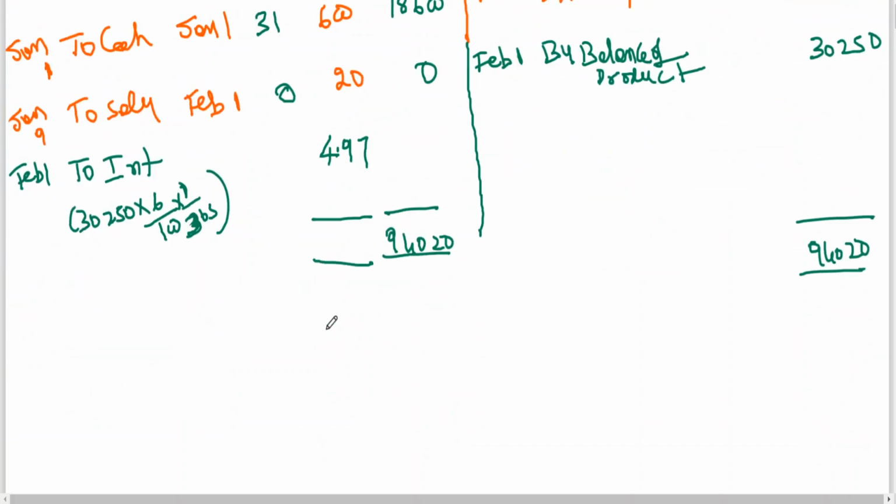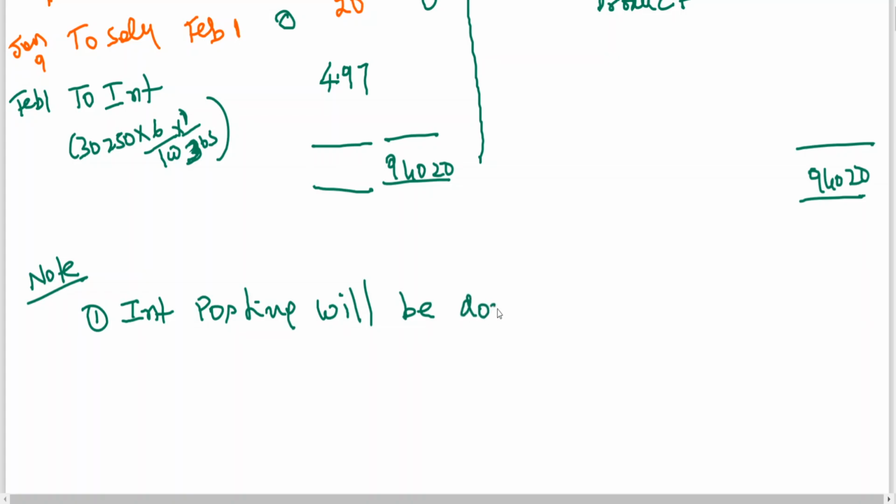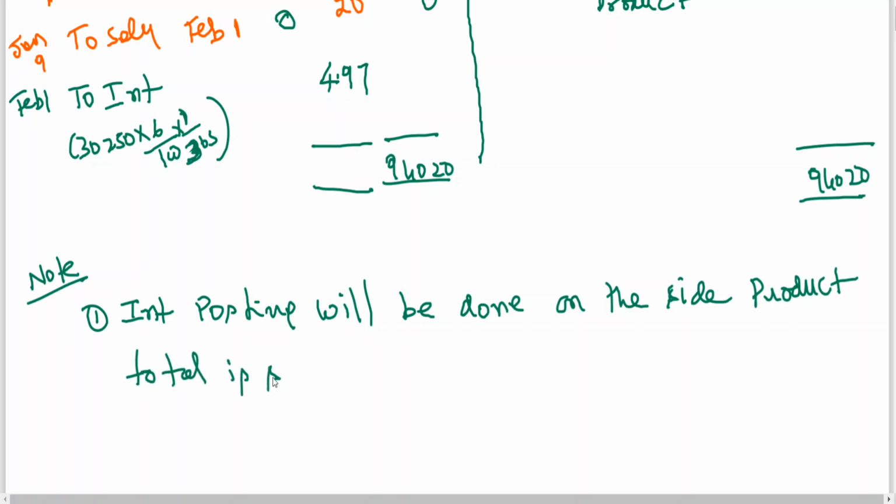Here I am writing a note: interest posting will be done on the side where the product total is showing more.